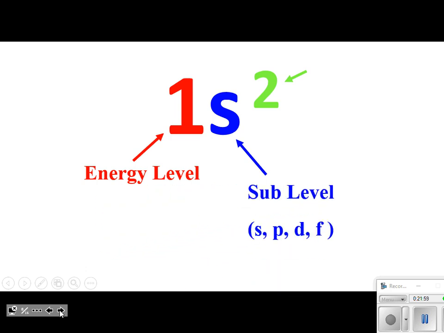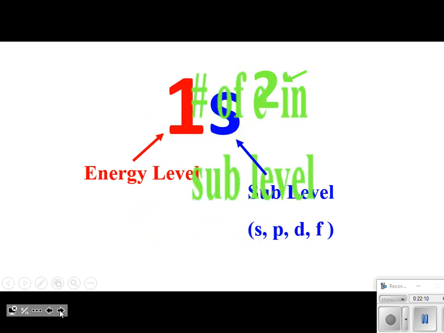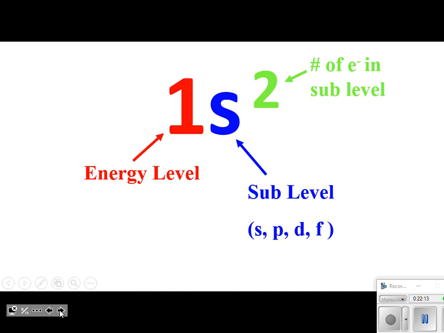The sublevel can be either S, P, D, or F. And in the green up here, we have the number of electrons in that sublevel. So this is telling me that I'm on the first energy level, I'm on the S sublevel, and there are 2 electrons on the S sublevel.